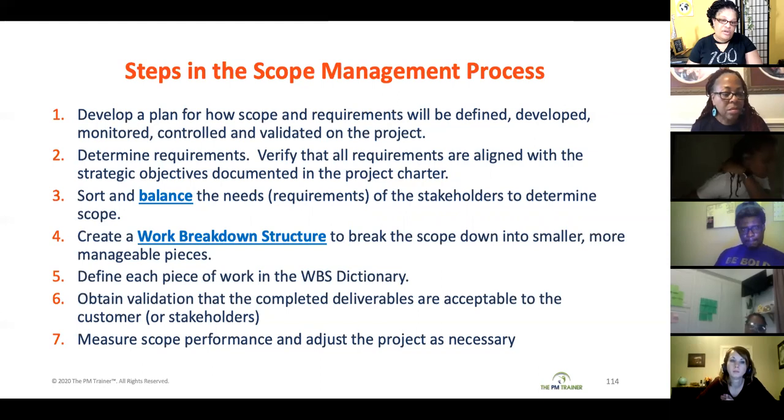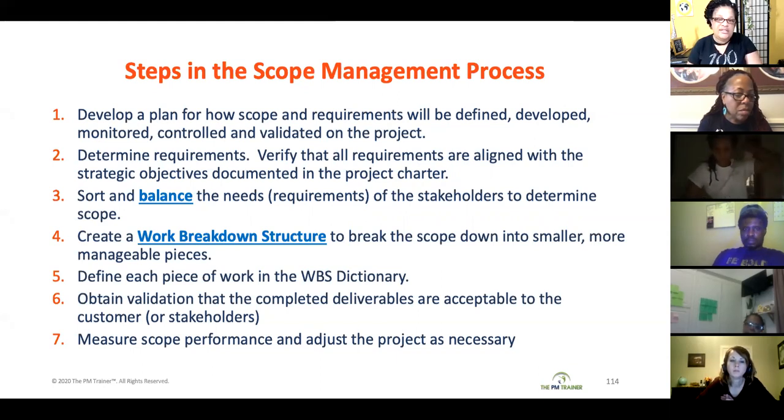So we determine what the requirements are. We make sure that those requirements are aligned with our project objectives that are defined in our project charter. And then we take our cute little box and we put our boundaries around the requirements that are going to make it into scope, and the requirements that are going to be out of scope. Then we create a scope statement saying that this is what's in and this is what's out.